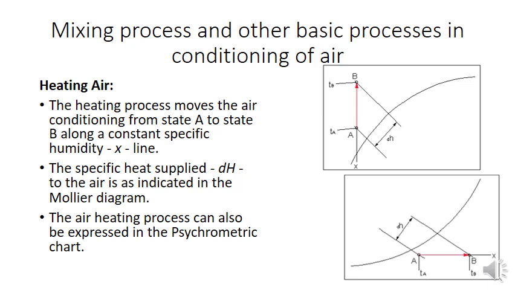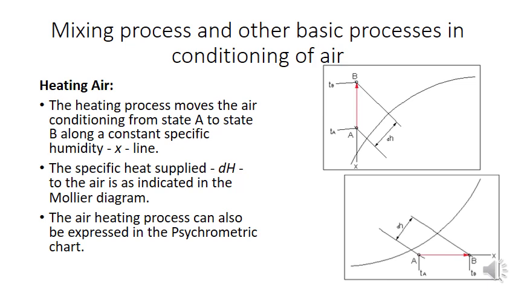Now what is there? Heating air. Heating air can be represented on this psychrometric chart as the change from state A to state B along a constant specific humidity X line, because on the vertical axis there are specific humidity lines, or humidity ratio lines. Specific heat is supplied at dH to the air, as indicated in the Mollier diagram.